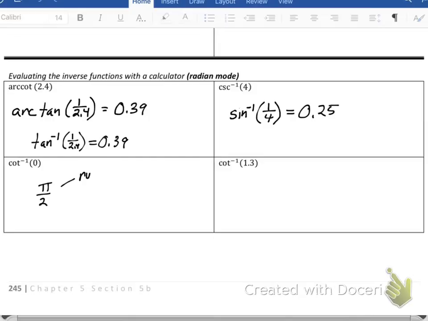And that came from the rule. Now find the cotangent inverse of 1.3. That's going to be tan inverse of 1 over 1.3, and since it's positive, we don't have to add the pi to it. So that's just going to equal 0.66.